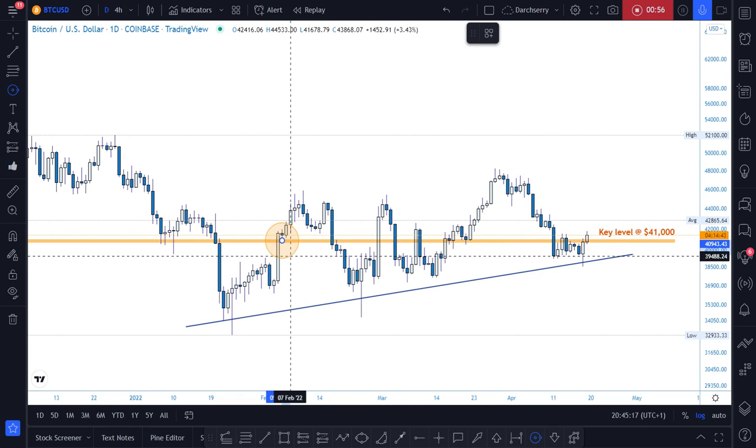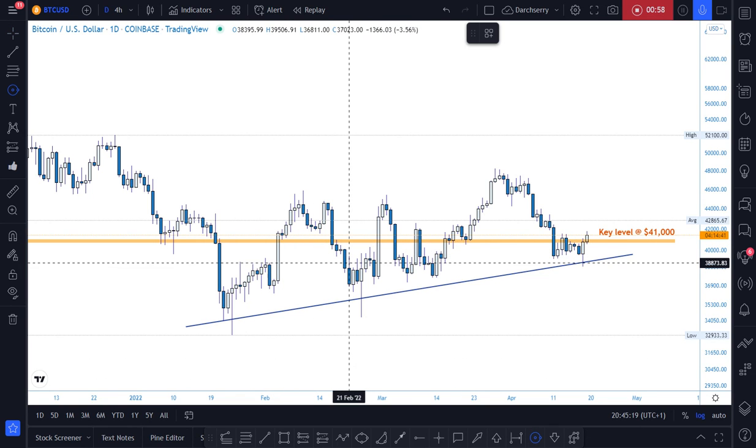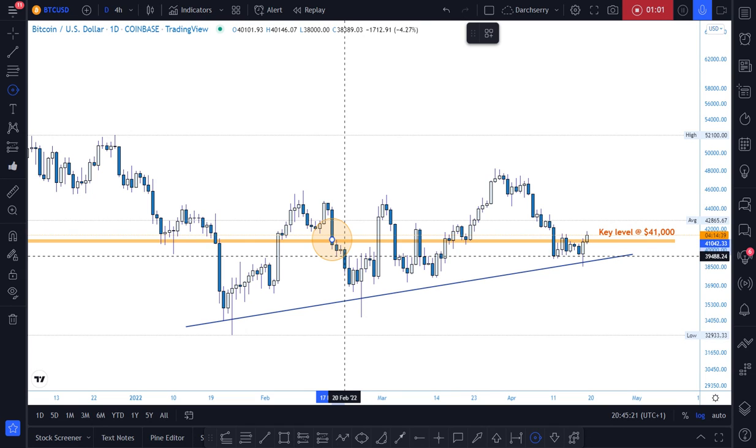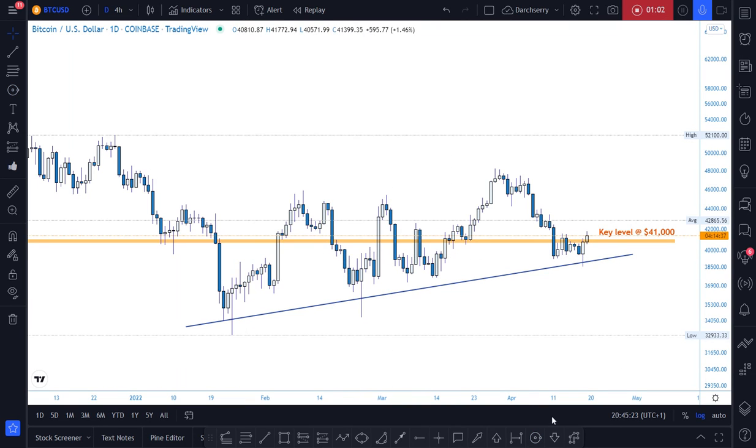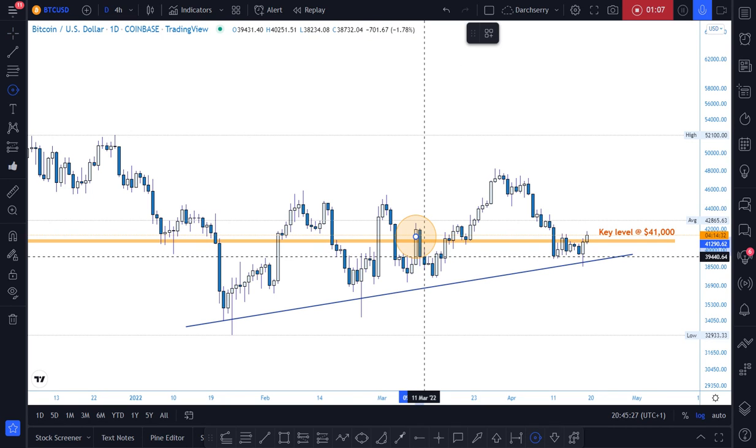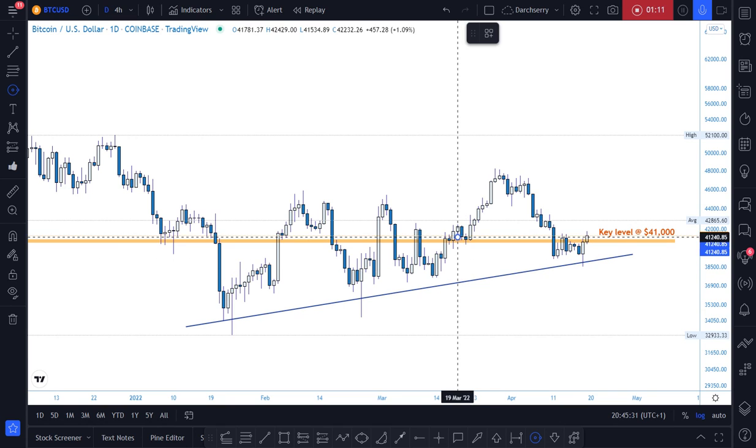In these zones, we've been having either a breakout, a breakdown, a rejection, or a support, as you can see it has happened here.